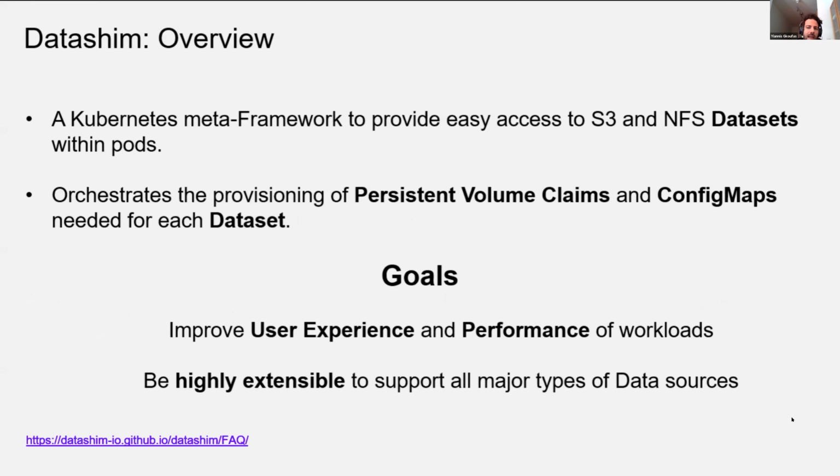It's a bit of a legacy term because initially we were working with pre-populated buckets or NFS directories. If I had to name it again, I would call it data source. I think that's more appropriate, and it's a high-level abstraction over the PVCs, the persistent volume claims.